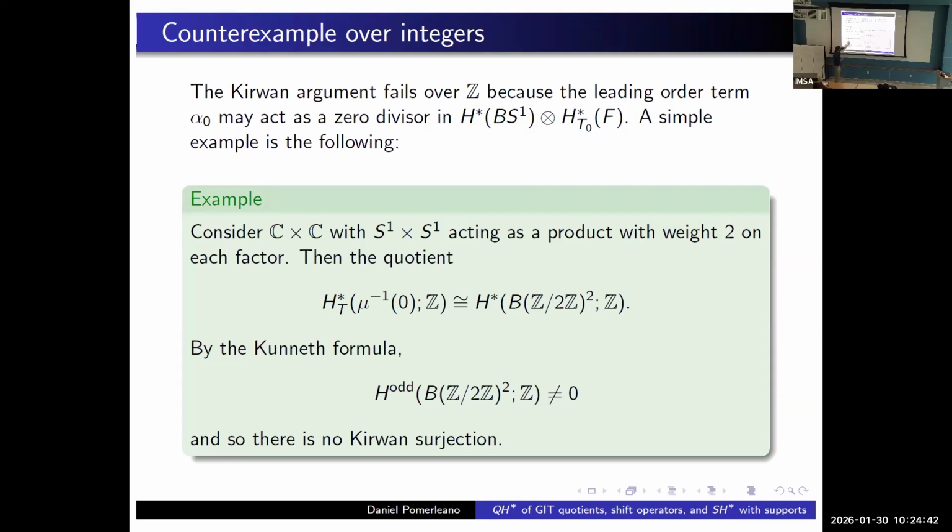So for example, it's not compact, but Kirwan's theorem over Q applies in this setting. So you consider just a product action with weight 2.